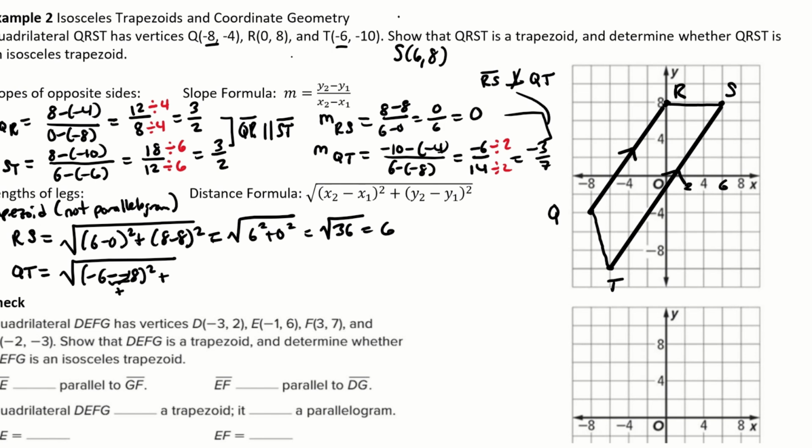Then the next part, subtract the y's. We got negative 4 and negative 10, so negative 10 minus negative 4 squared. Again, that turns into a positive. So we have negative 6 plus 8, that's 2, so we got 2 squared. And negative 10 plus 4 is negative 6, so negative 6 squared.